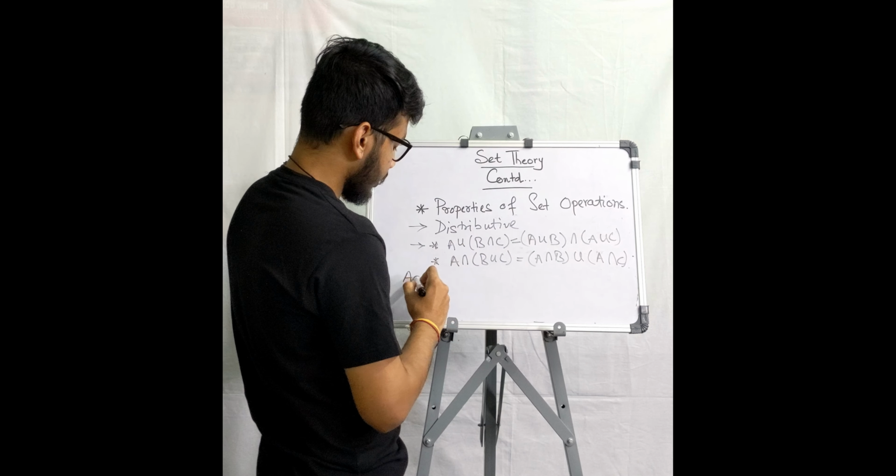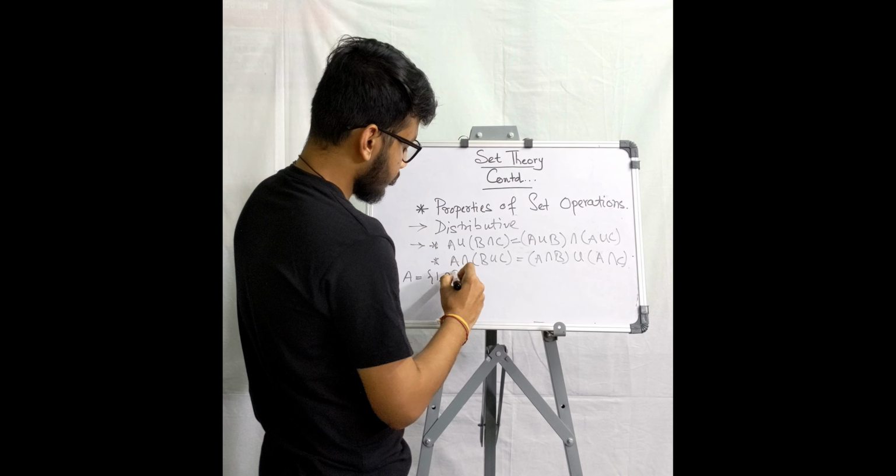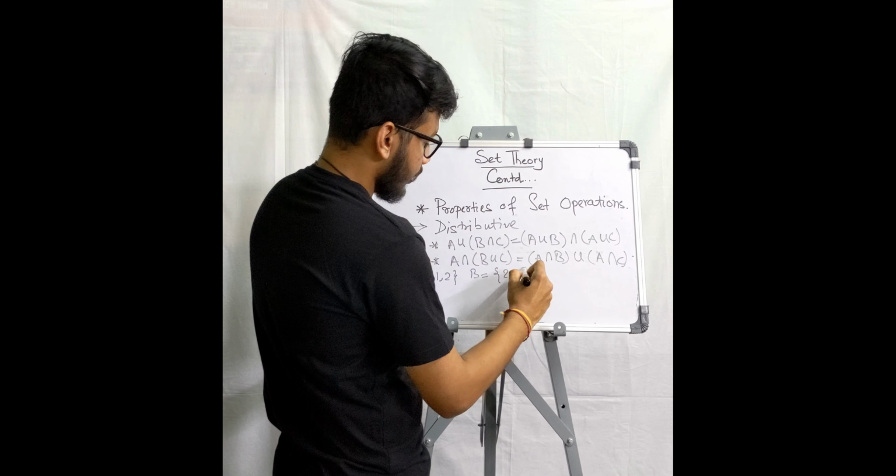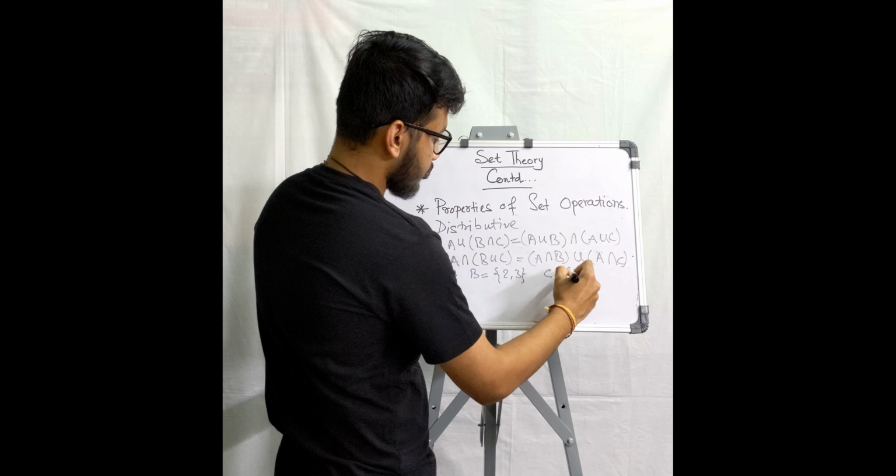Suppose we have got A which has 1, 2, B which has got 2, 3, and C which has got 3, 4.